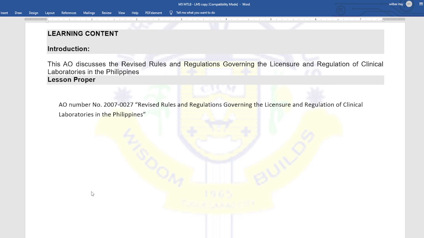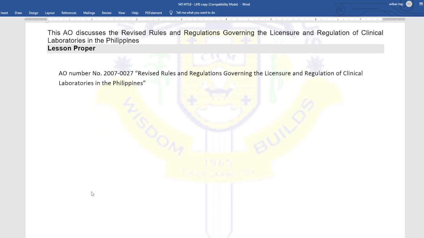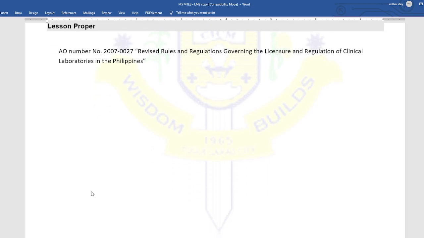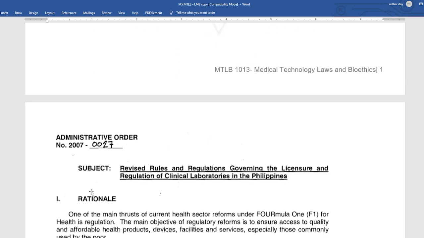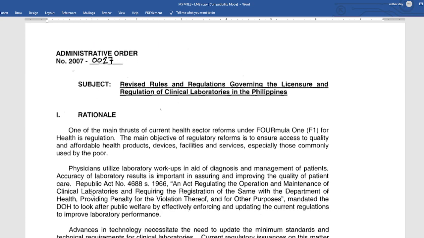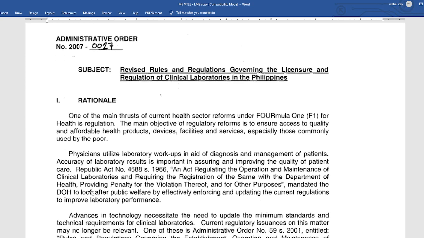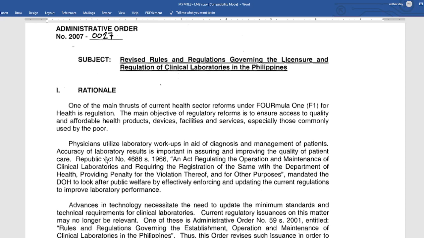So how should they be regulated? What are the regulations? Ano yung mga rules? So for the rationale, if you remember, physicians utilize the laboratory results from clinical laboratories to aid in their diagnosis or management of patients.